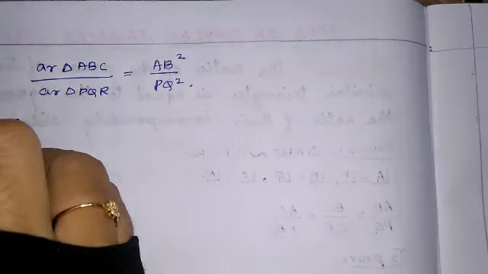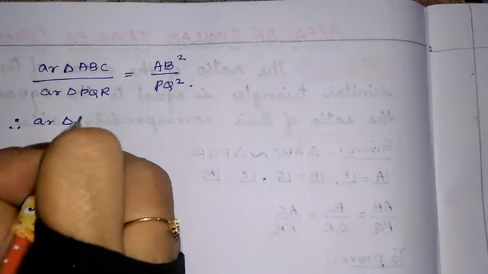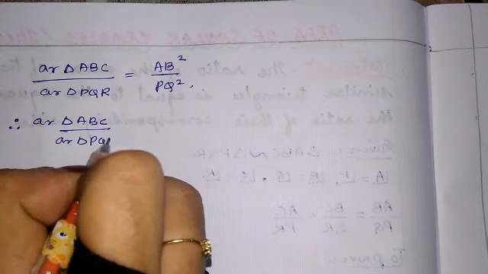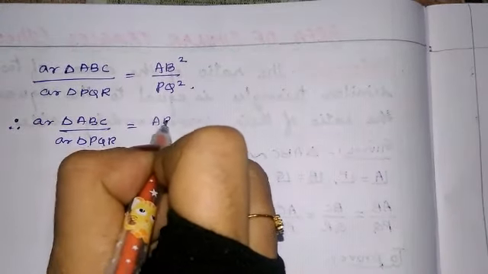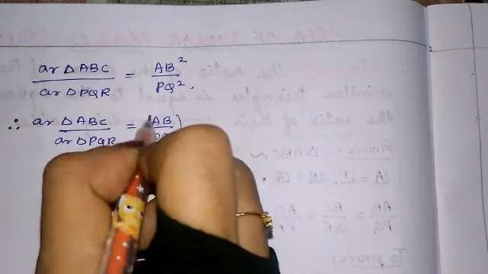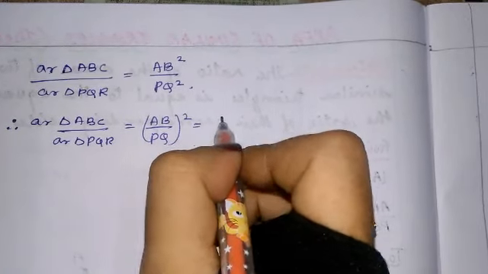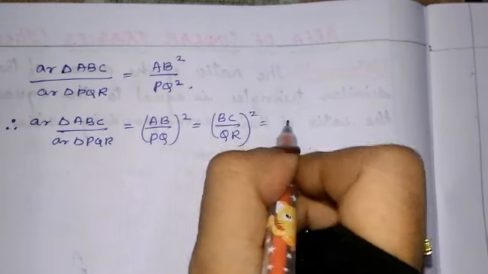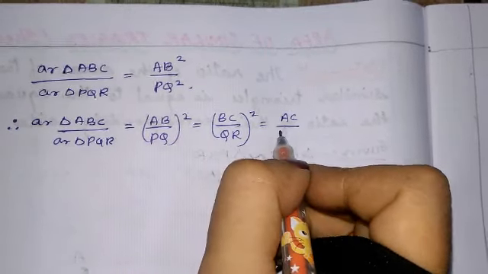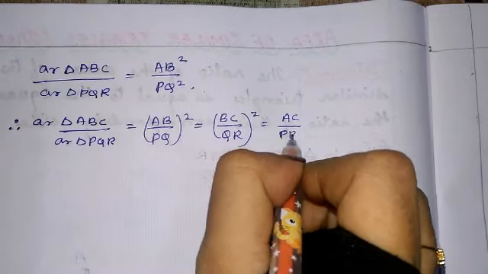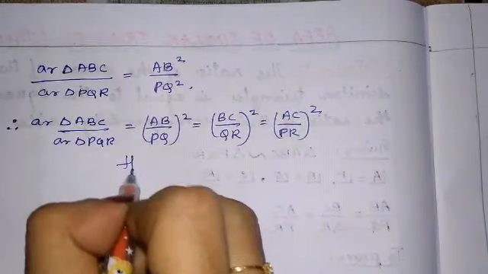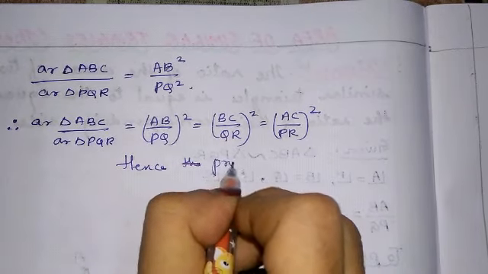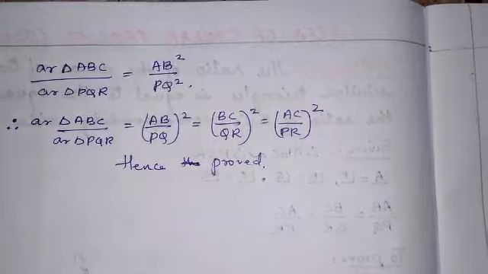Hence we proved the theorem. Therefore, area of triangle ABC upon area of triangle PQR is equal to AB by PQ whole square, which is equal to BC by QR whole square and AC by PR whole square. Hence proved the theorem.